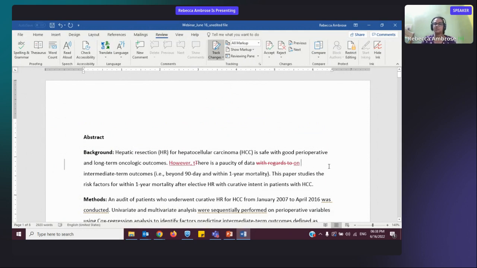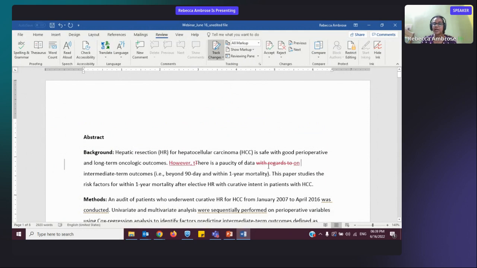Also journals. Most papers that we get are for publication in journals, and journals have word count limits on the abstract, on the main text. Almost all journals have that, so it's always good to keep your text short. It also helps cover any additional words that have been added during the editing process.